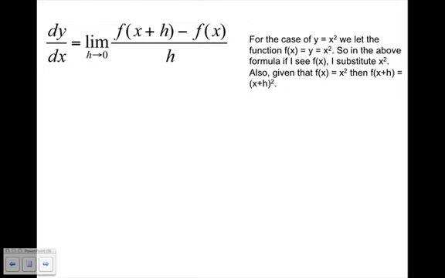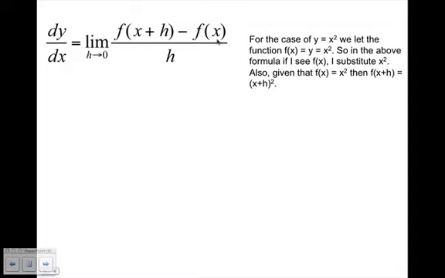over time. Now for the case of y equals x squared, the parabola, we're not going to use y anymore, we're going to use f of x instead. And our f of x is going to represent x squared. So in the gradient function formula over here, wherever I see an f of x, I'm going to sub in x squared.